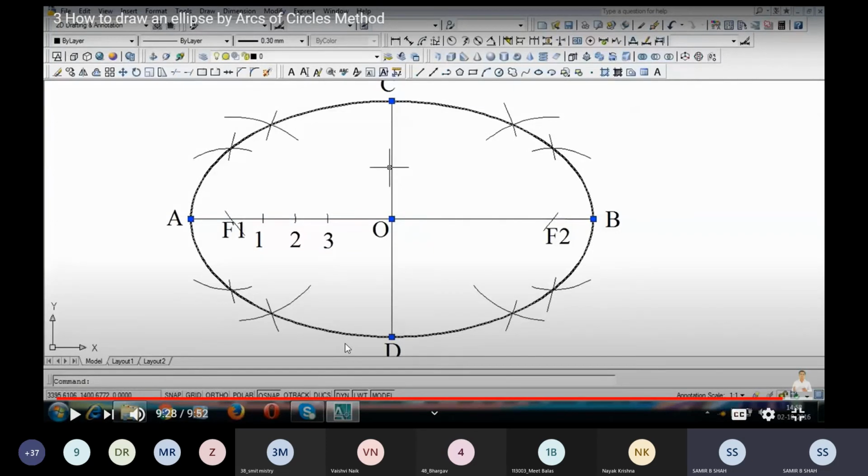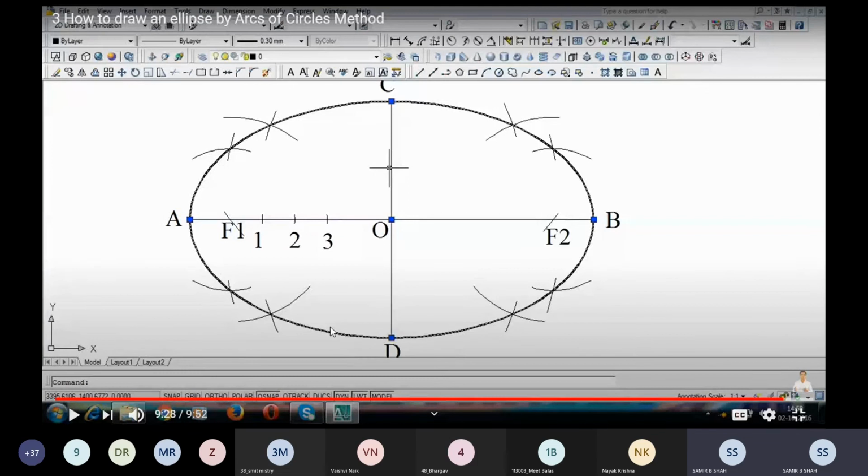So NN dash and TT dash are considered your normal and tangent.